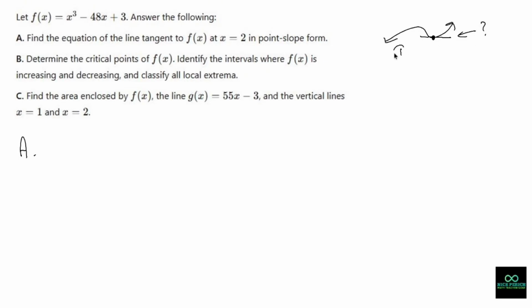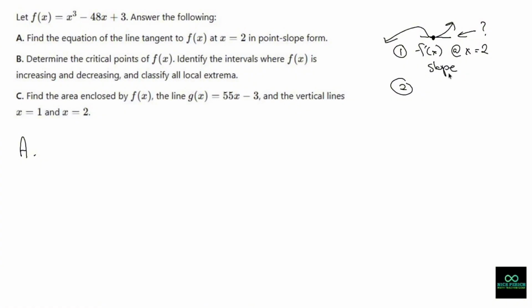So this is what we're going to do. We're going to take the derivative of this, and then we're going to plug in what happens at 2, and that's going to give us our slope. Now once we have our slope, we know that x equals 2. In order to use point slope form, which is what they want, we need a slope and we need a point.